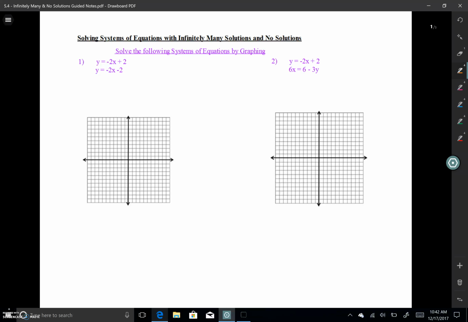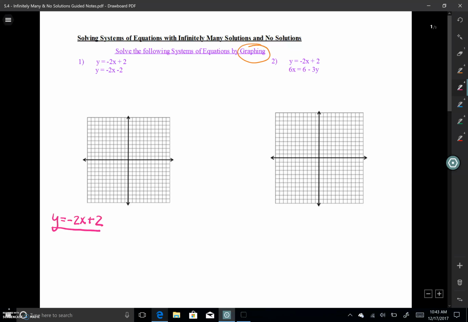And the directions are asking us to solve each of these systems of equations by graphing. So for example number 1, we have equation y equals negative 2x plus 2 and y equals negative 2x minus 2. Typically, how I solve systems of equations by graphing, I take each equation and identify the y-intercept and the slope.